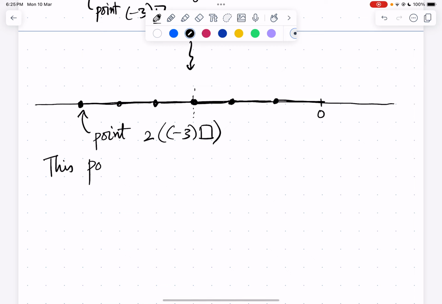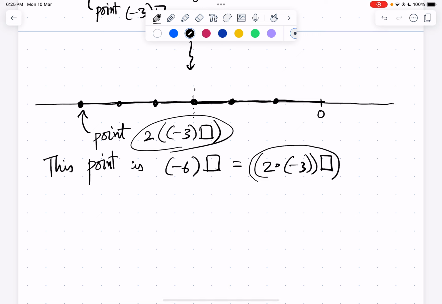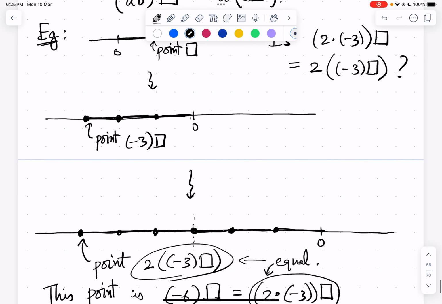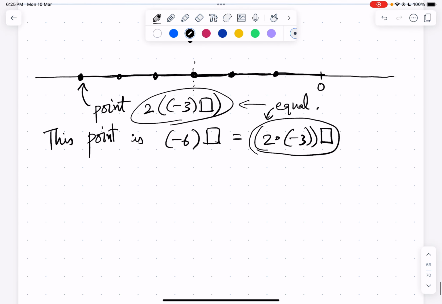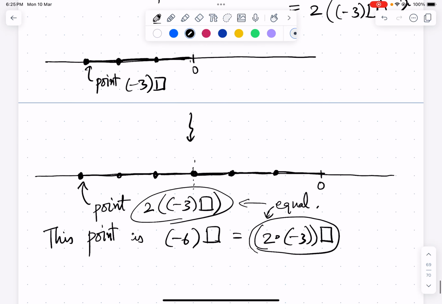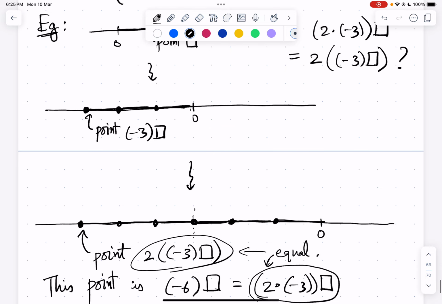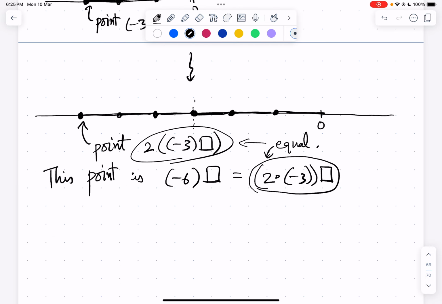This point is minus 6 times box equals 2 times minus 3 times box. So both are equal, right? If you first multiply by minus 3 and then by 2, you get minus 6 times box, which is the same as 2 times minus 3 times box. So in this specific case, multiplying by minus 3 first and then by 2 is the same as multiplying by 2 times minus 3 in one go.